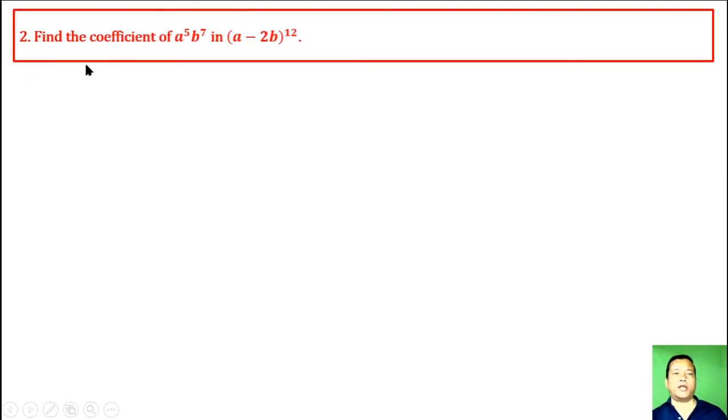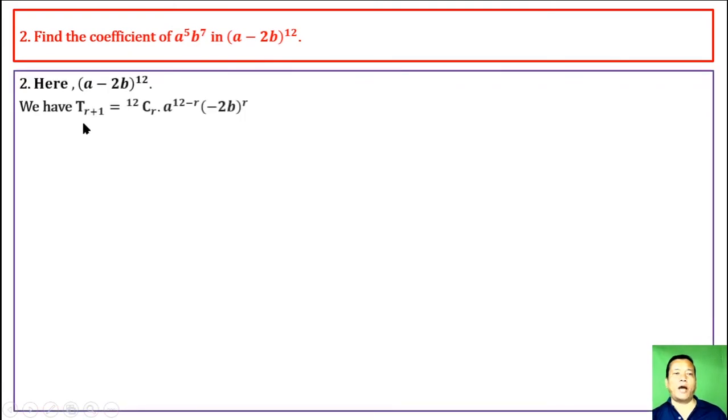Question number 2. Find the coefficient of a to the power 5 into b to the power 7 in (a minus 2b) whole to the power 12. We have to find its general term, that is T of r + 1 equal to 12Cr into a to the power 12 minus r into (minus 2b) whole to the power r. Simplifying, we get (minus 2) to the power r into 12Cr into a to the power 12 minus r into b to the power r.